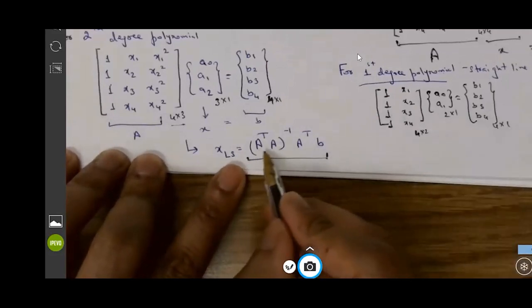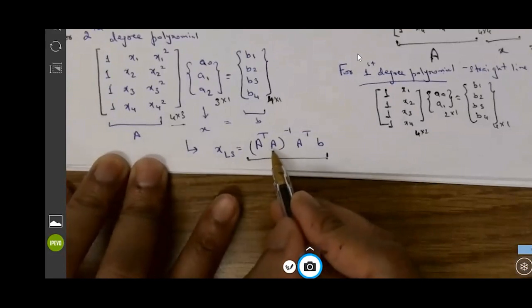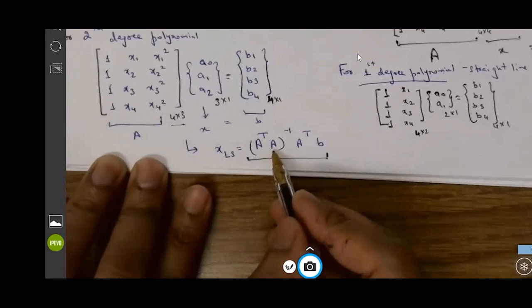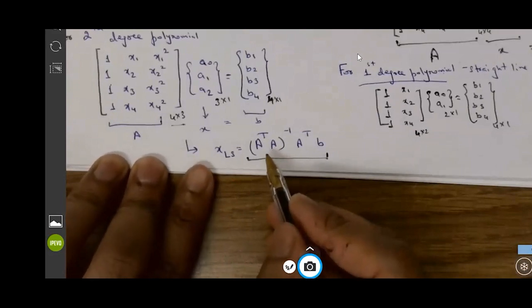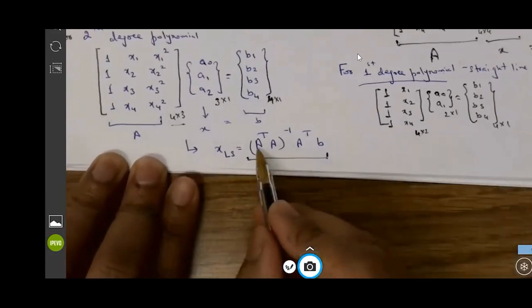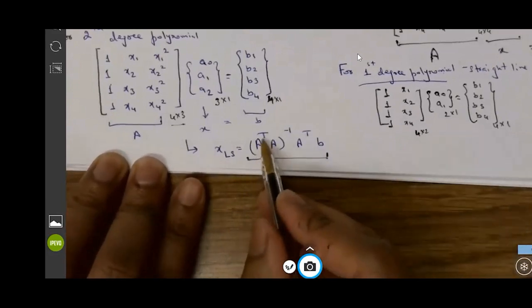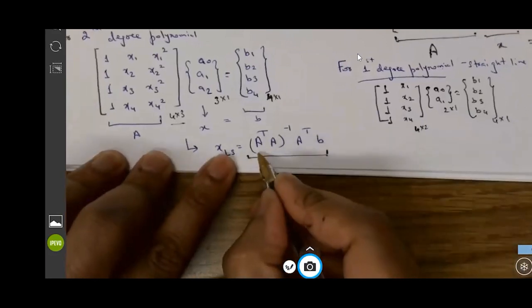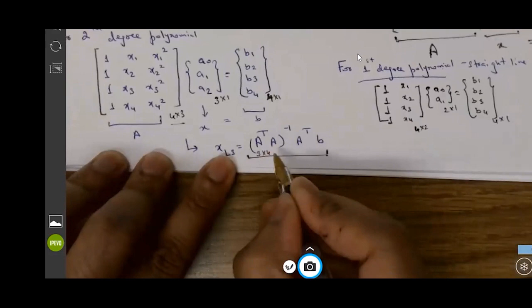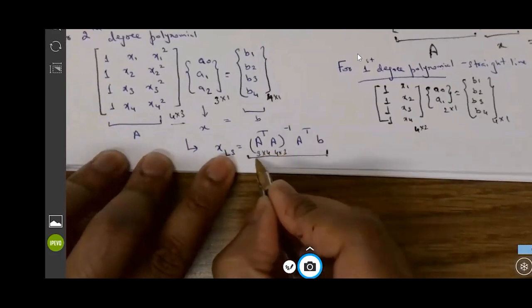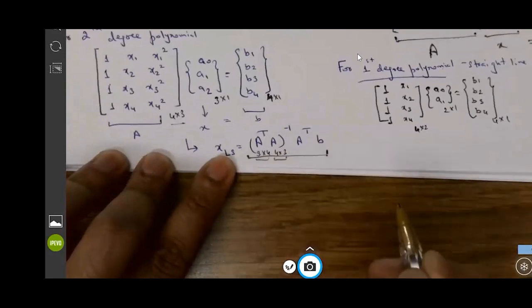What will be the dimension of A transpose A? It should still be 4 by 3, right? No, it will not be. What is the dimension of A transpose? It should be 3 by 4. Right, so 3 cross 4. The dimension of A is 4 by 3. So what is the dimension of these two matrix multiplication going to be?